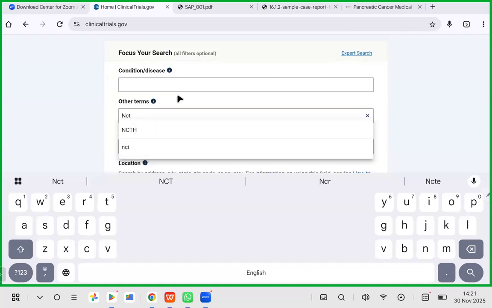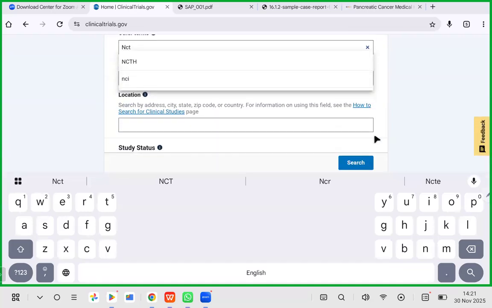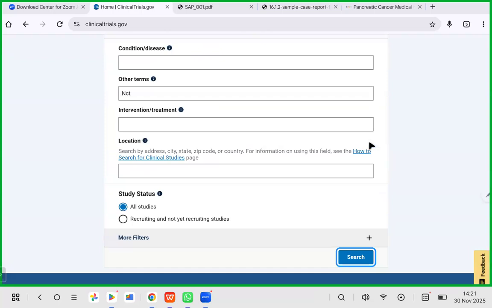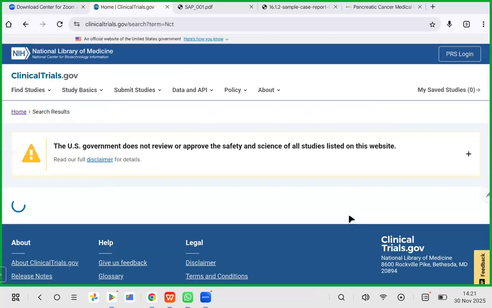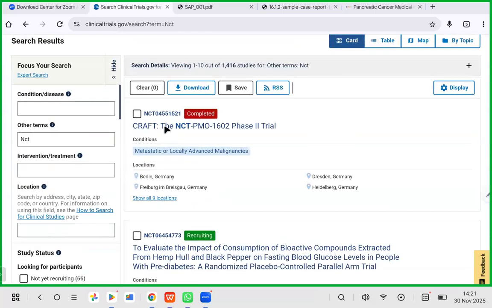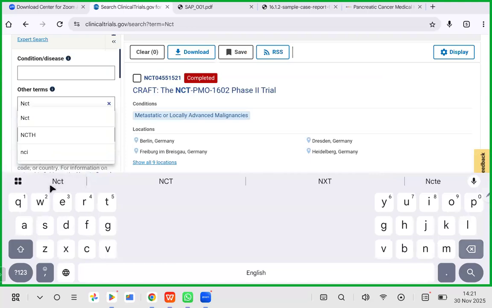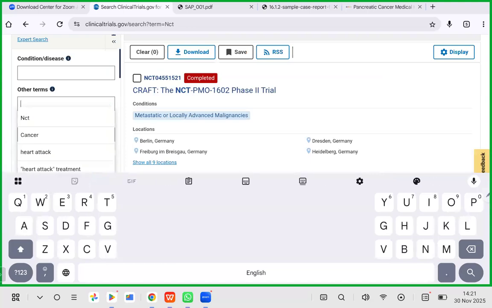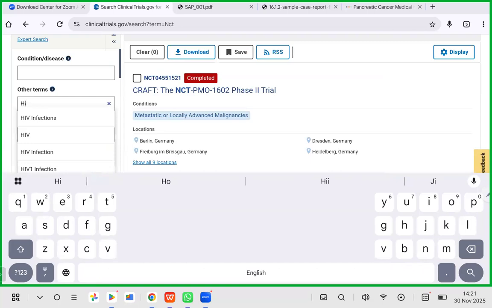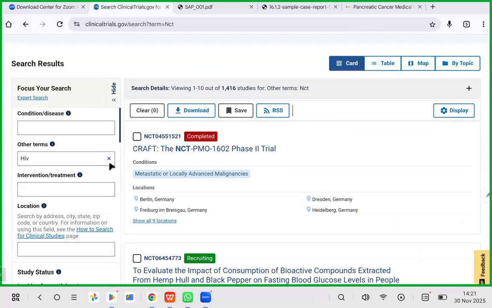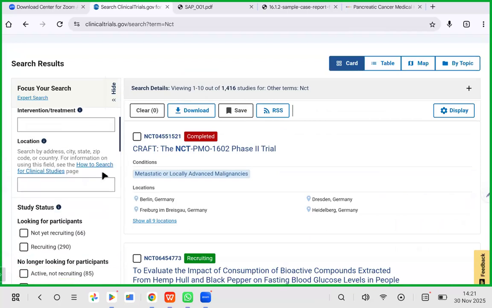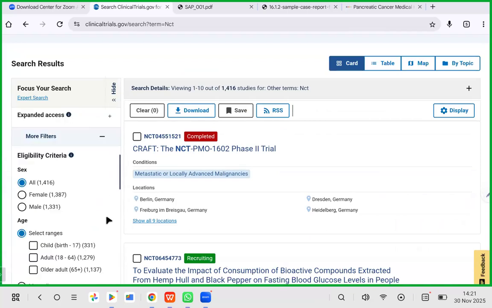If you click search, that particular study will come up. From there you can select the study and download the data. But generally, people search in other terms for HIV, COVID, or something, and then select the particular study. You can search by NCT ID also, whichever is convenient.